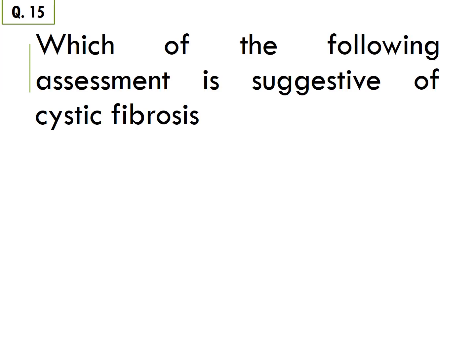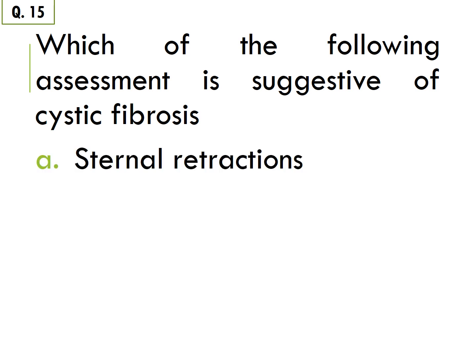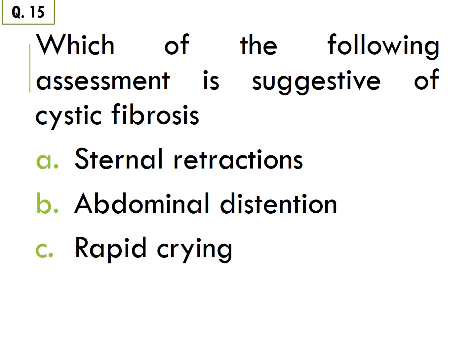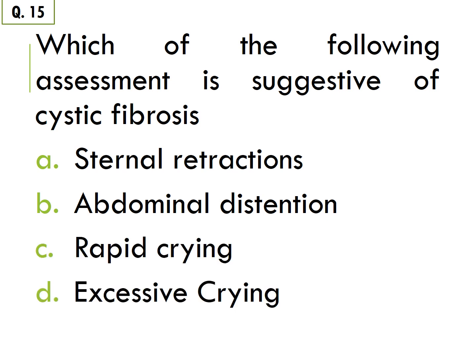Question number 15. Which of the following assessments is suggestive of cystic fibrosis? And the options are sternal retractions, abdominal distension, rapid crying, and excessive crying. Here we are going to end the video of quick challenge in pediatric health nursing.